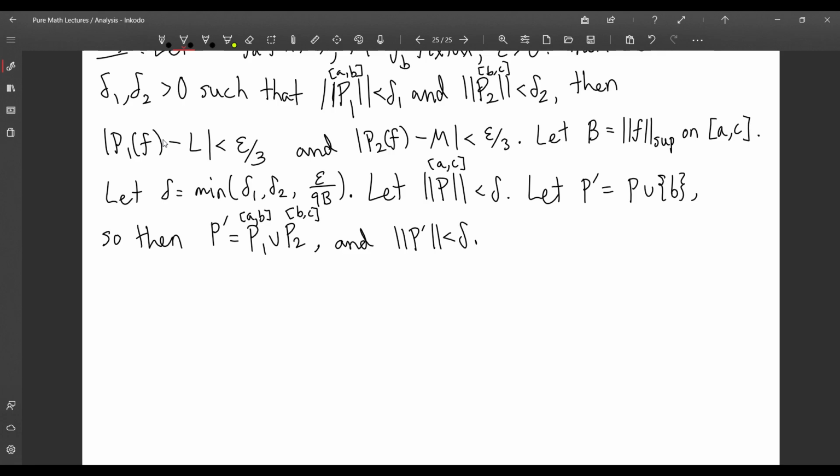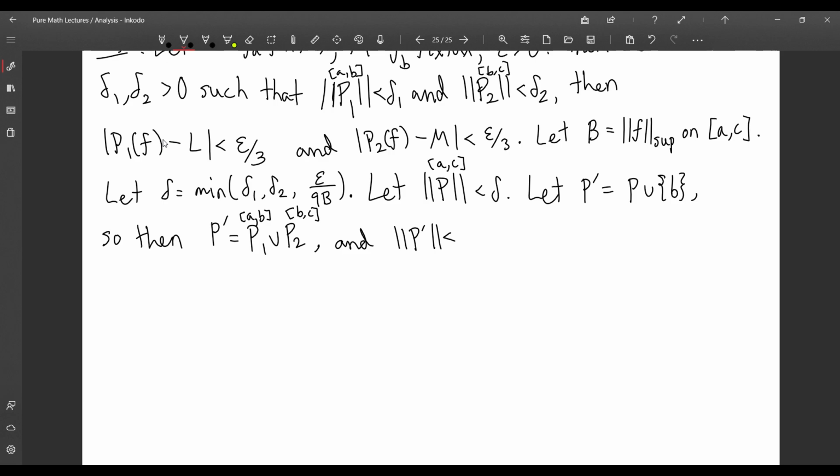Because by adding a point, assuming that it's not already there, which you don't have to assume, B could be in P a priori, but we don't know that. If you're adding a point into a partition, you can't be making a bigger subdivision. The least you could do is not change any of the subdivisions, but if you are changing a subdivision, then you're cutting it into two smaller pieces. So the mesh can't be getting bigger.